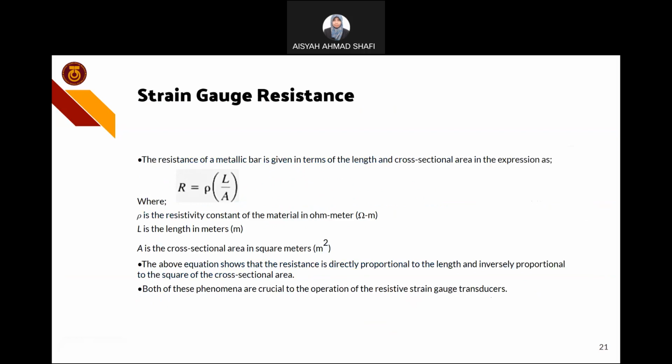So how does the strain gauge function? The formula for resistance of the metallic bar is given in terms of length and cross-sectional area. So we have R equals rho times L over A, where rho is the resistivity constant of the material in ohm meters, L is the length in meters, and A is the cross-sectional area in square meters.